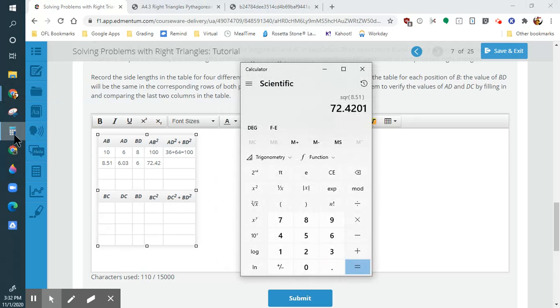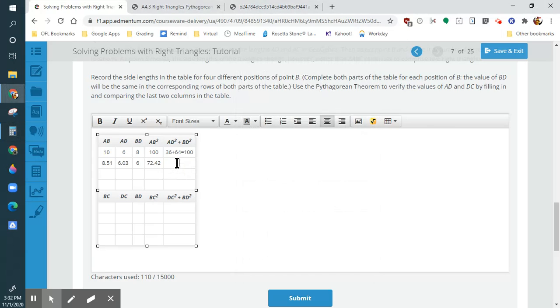So let me pull the calculator back out. Clear. 6.06 squared, 36.36, plus 36 equals 72.4036. So there's a little bit of round off error.